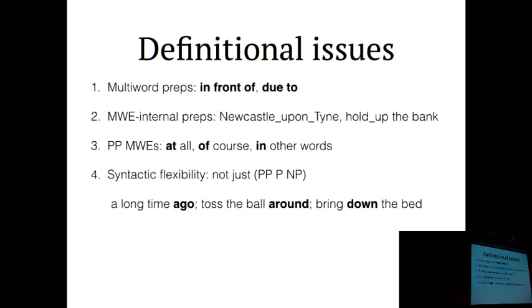Or something like that: bring down the bed. There it's a particle, a verb particle construction. We are fairly inclusive, and we say that any word type that can be followed by a noun phrase, we're going to annotate as a potential preposition.